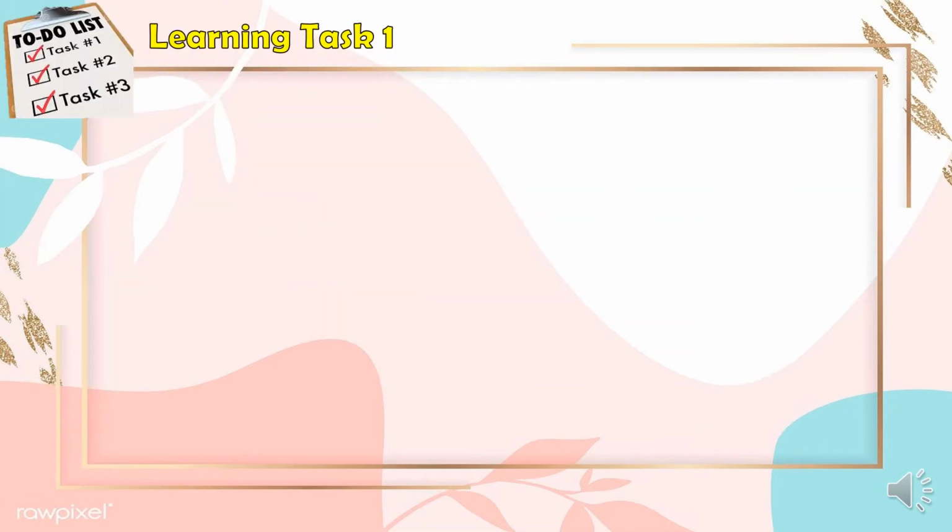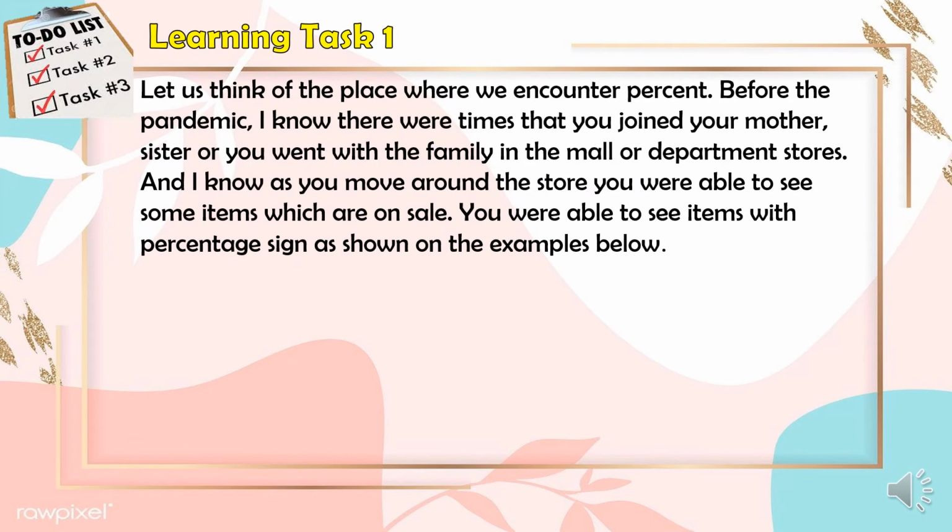Let us answer learning task 1. Let us think of the place where we encounter percent before the pandemic. I know there were times that you joined your mother, sister, or you went with a family in the mall or department stores.